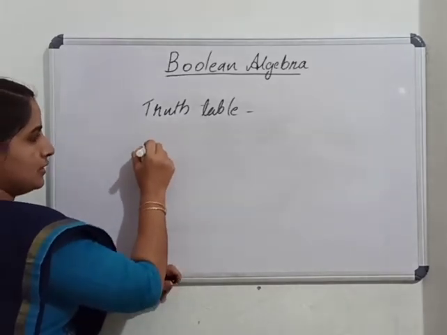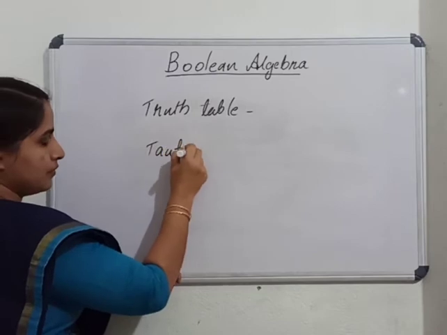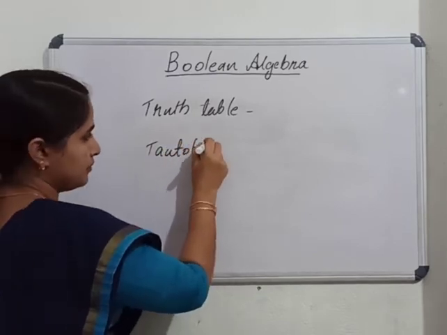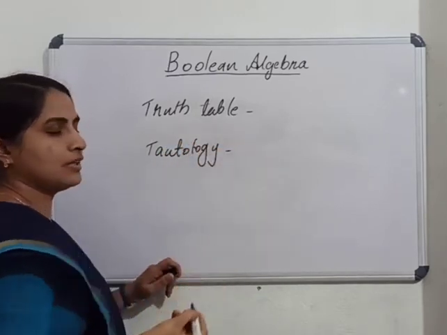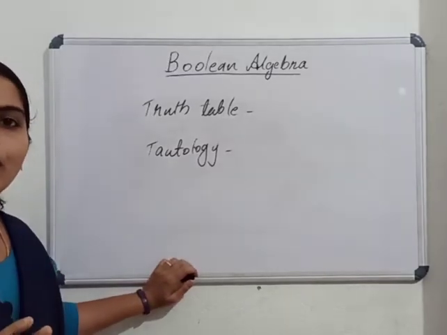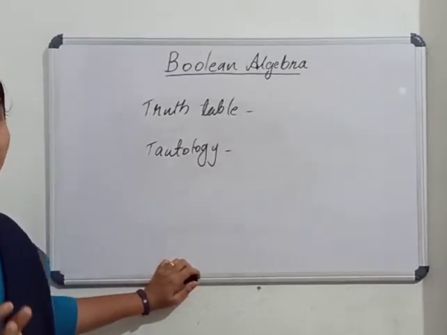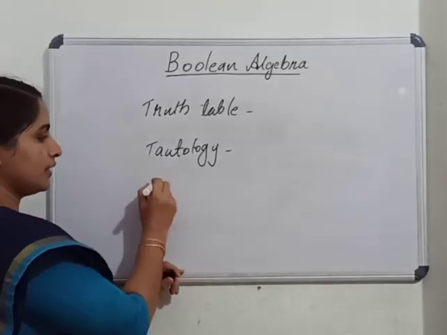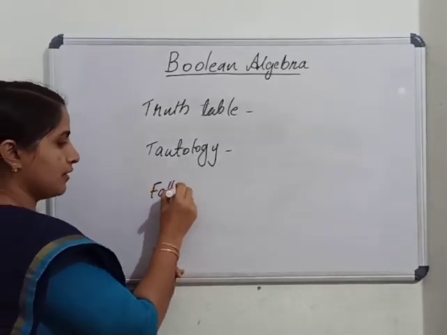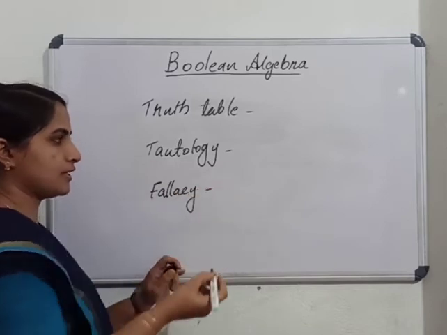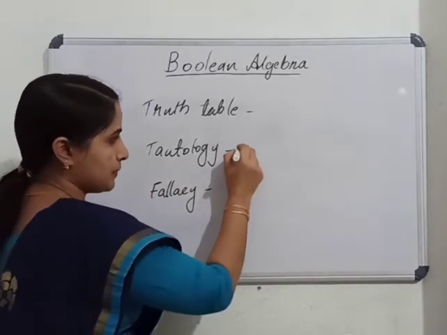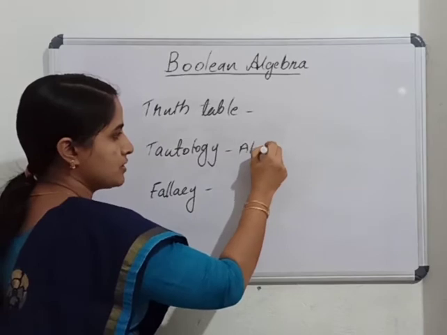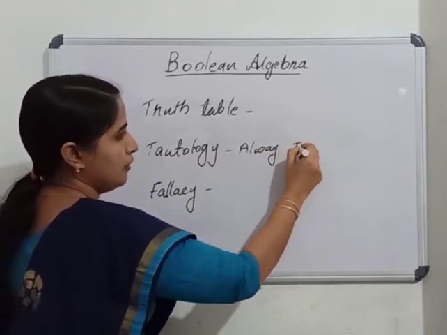Then next is the tautology. If the result of a Boolean expression is always true, it is called a tautology. And next is fallacy. If the result of a Boolean expression is always false, it is called a fallacy.